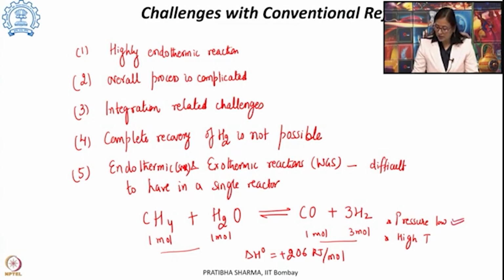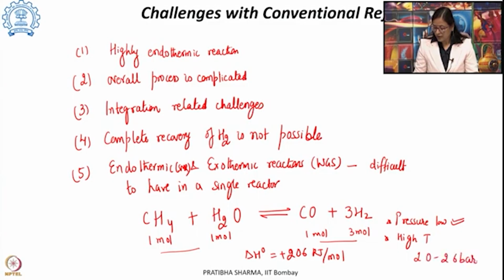It should be done at a lower pressure. But because most of the end use applications require higher pressure, and to make the reformer compact and get better throughput, it operates at a higher pressure of about 20 to 26 or 30 bar.